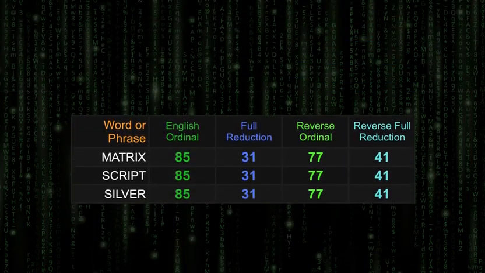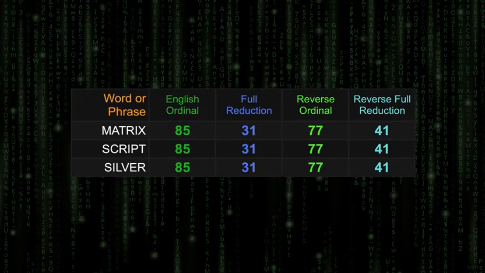If you see the value of silver, it matches matrix and script in all 4 base ciphers of English Gematria. There's no more vivid example of the common substance and common essence between separate words being revealed by Gematria.